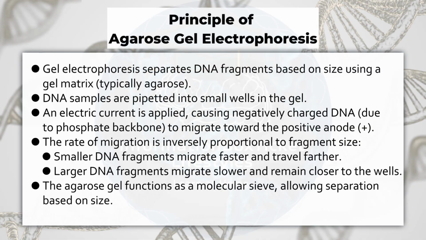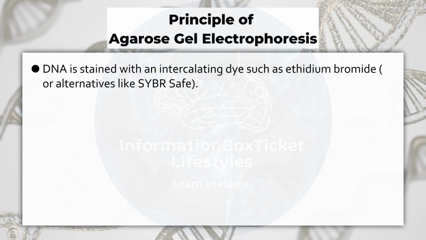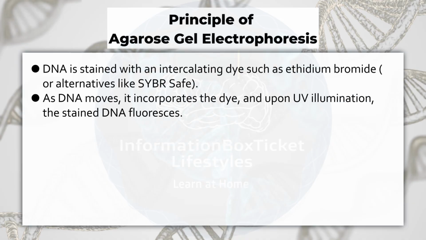The agarose gel functions as a molecular sieve, allowing separation based on size. DNA is stained with an intercalating dye, such as ethidium bromide, or alternatives like SYBR Safe. As DNA moves, it incorporates the dye, and upon UV illumination, the stained DNA fluoresces.